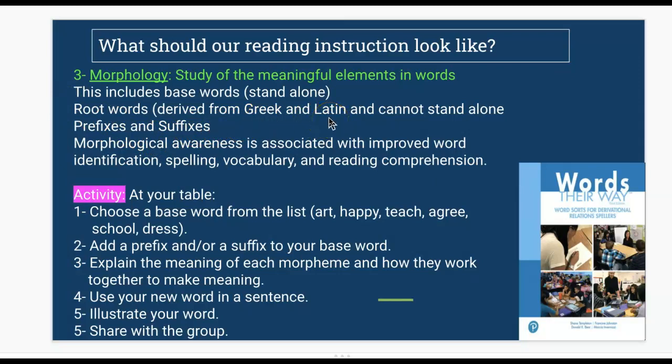So once we teach that to students, that aids in their reading, of course, but also in their comprehension, vocabulary development, orthography, you name it. We talk about the meanings that prefixes and suffixes carry. Research shows us that morphological awareness is associated with improved word identification, spelling, vocabulary, and reading comprehension.